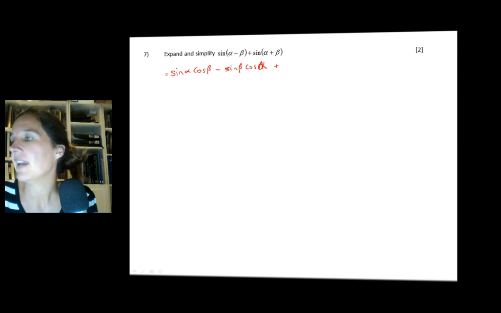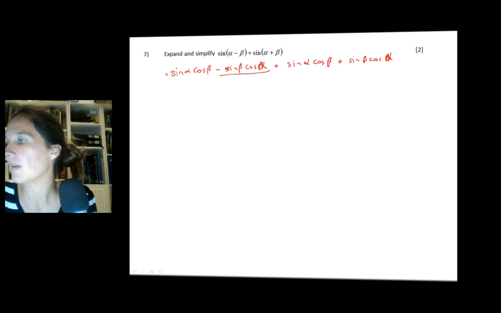Plus, now our sine of alpha plus beta is the same thing but with a plus in the middle. So we're going to have sine of alpha cosine of beta plus sine of beta cosine of alpha. If we look here, we've got a minus here and a plus here, so these will cancel out, and we've got 2 lots of sine alpha cosine beta. So we end up with 2 sine of alpha cosine of beta.